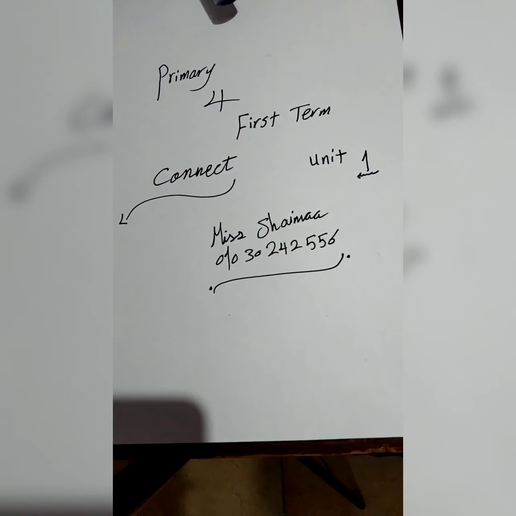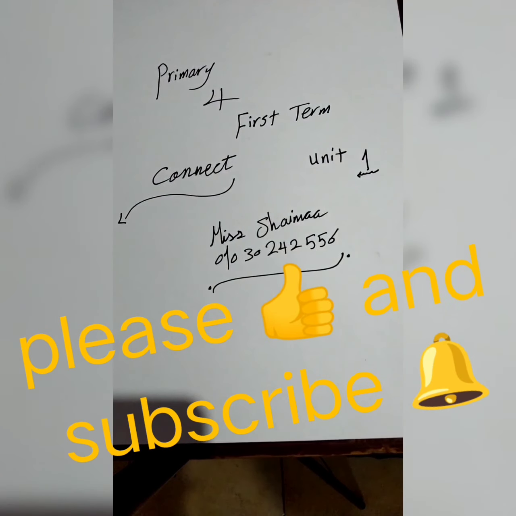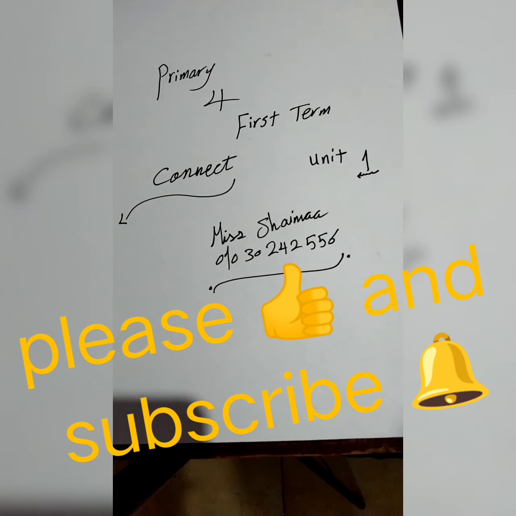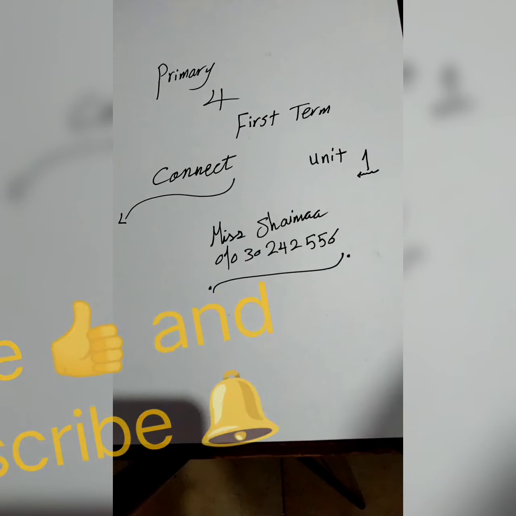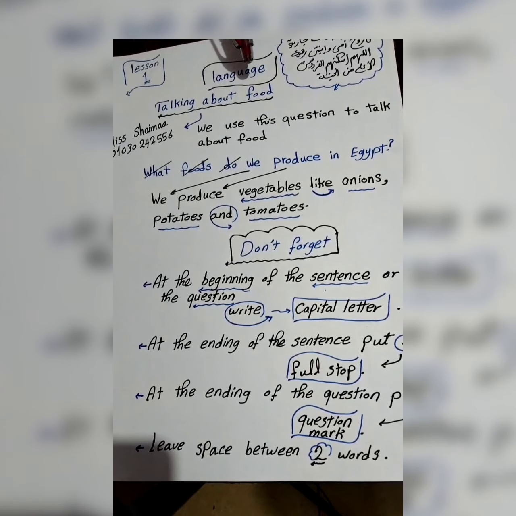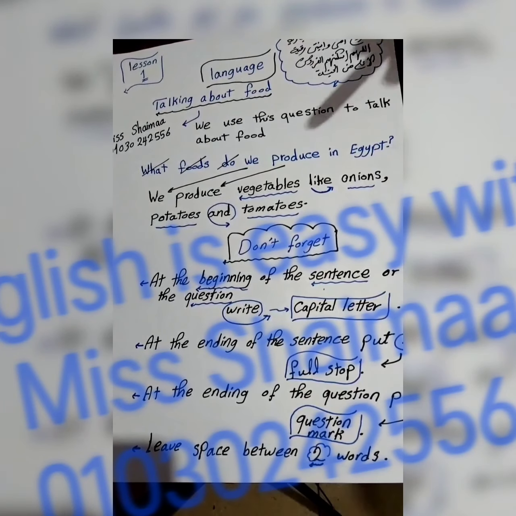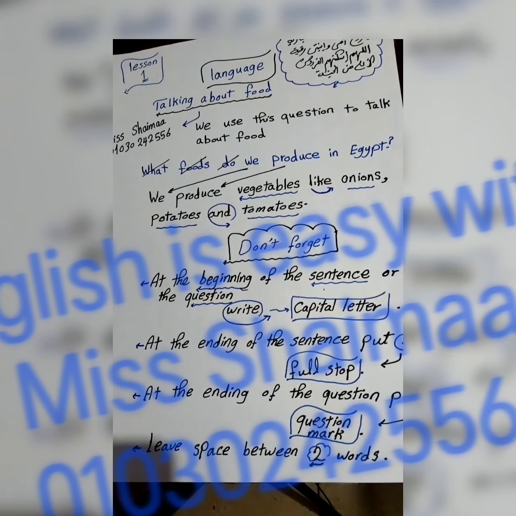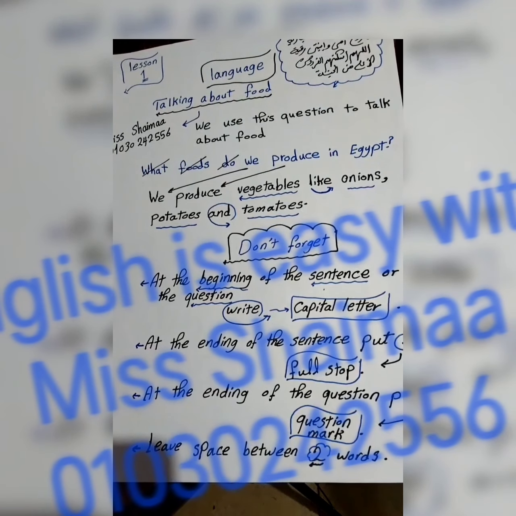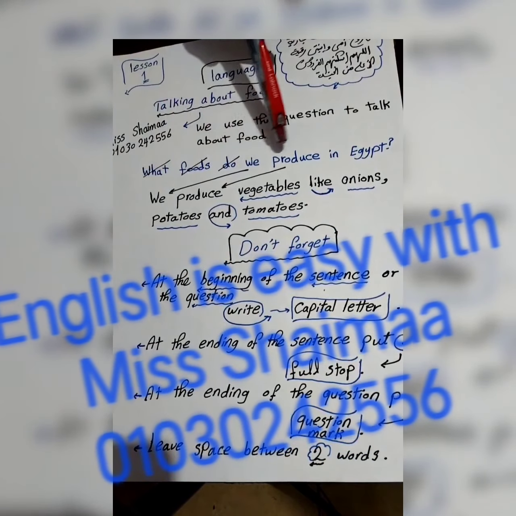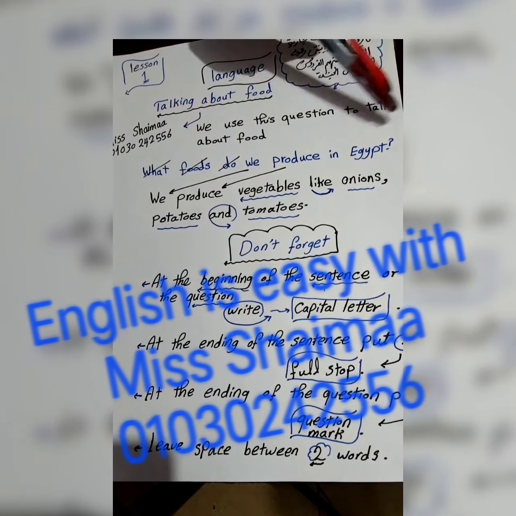This material is for Primary 4, first term, Connect, Unit 1, Lesson 1 and Lesson 3. To talk about food, we can use this question: What foods do we produce in Egypt?